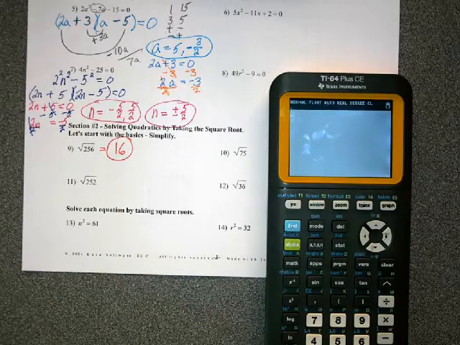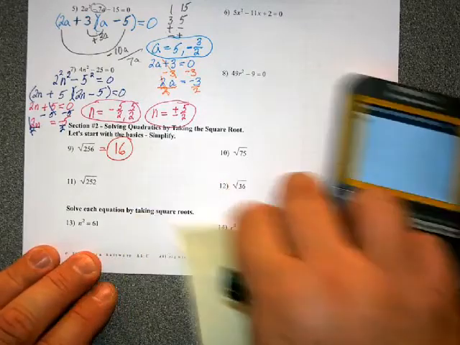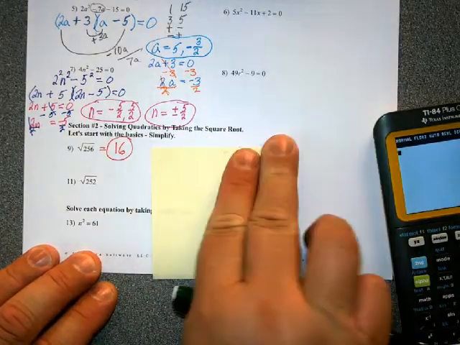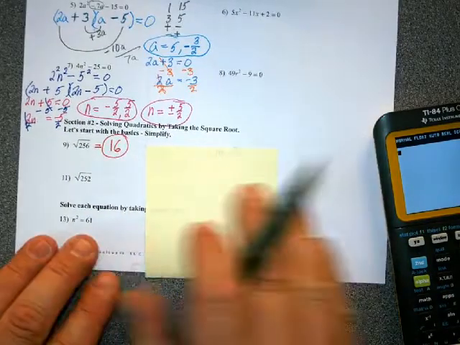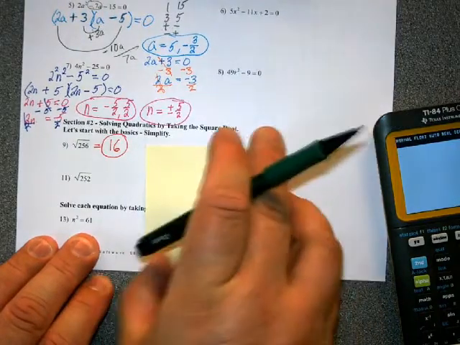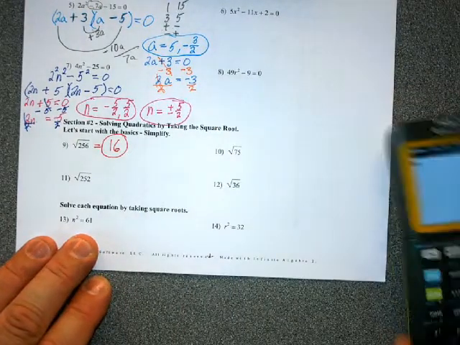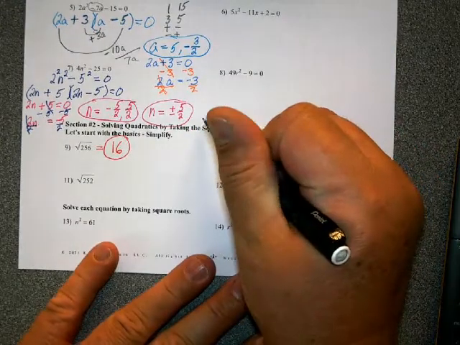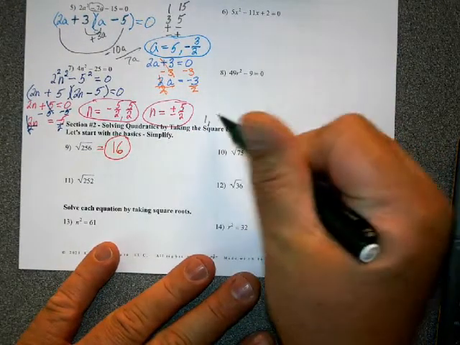I'm going to do the perfect squares, see if they're factors of 252. Remember what the, here, I'll write them up here. Perfect squares are? Let's see, 1 squared is 1. 4. Good.